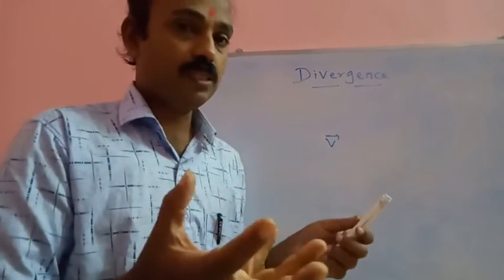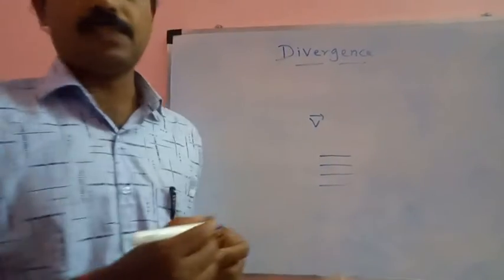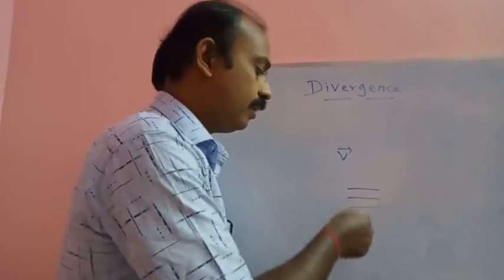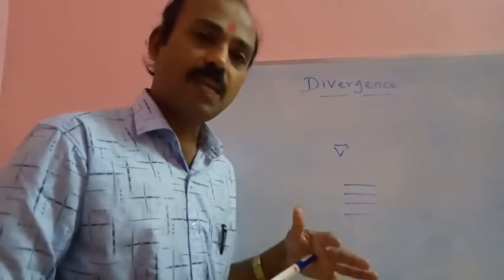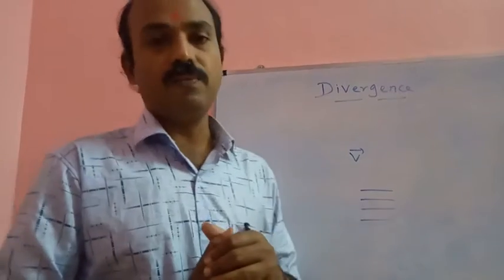You know that in streamline flow there are a number of layers, and all the liquid layers do not have the same velocity; they have different velocities. This is about fluids.